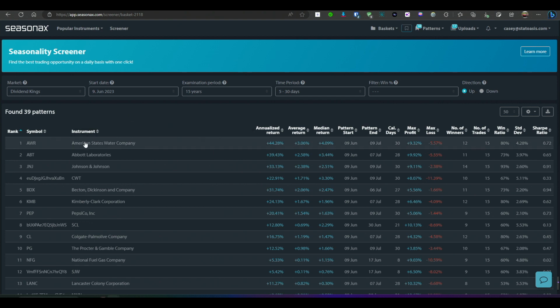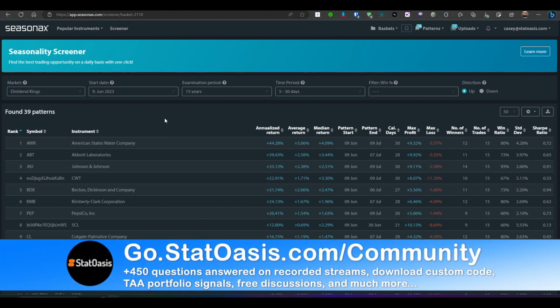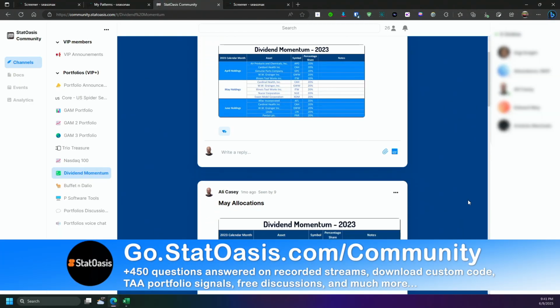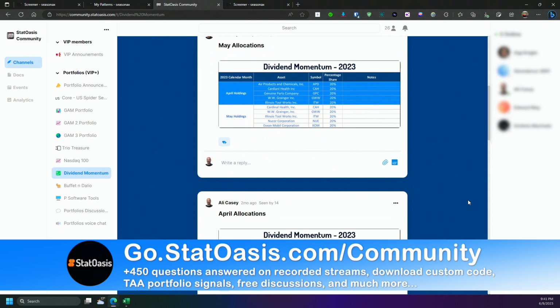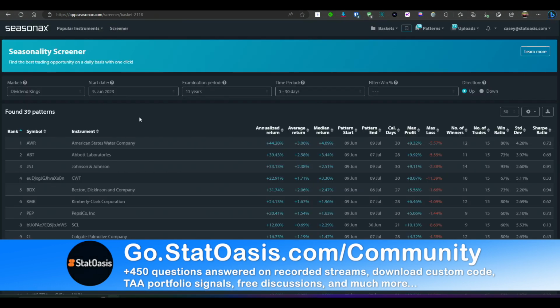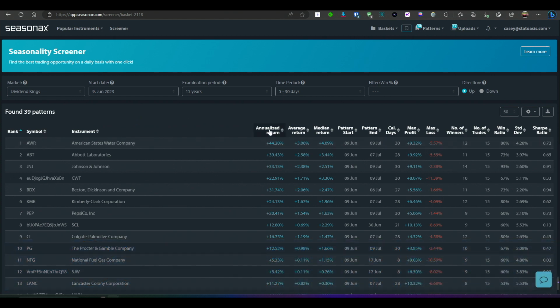Although these are dividend stocks, and I have a momentum system built on these dividend stocks that I use in the portfolio section in the community, the screener will also look inside your basket and give you patterns. So for example, I can sort by annualized return.